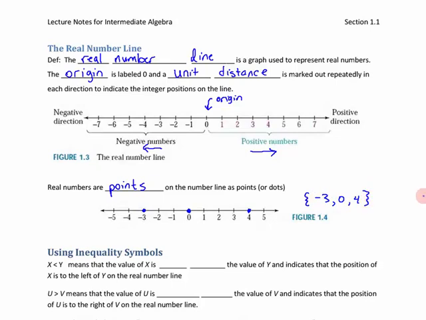We graph them as dots. Something that we will do later on is shade regions of the graph of the real number line to indicate intervals of real numbers. But another thing that we can do with the real number line is talk about the ordering of real numbers, meaning which numbers are bigger than other numbers.